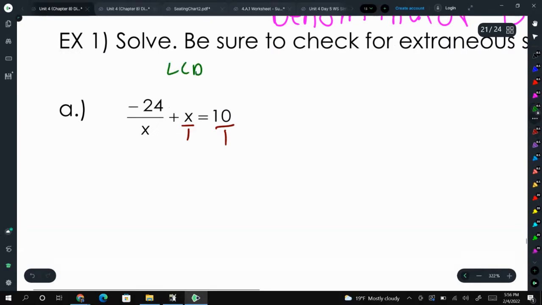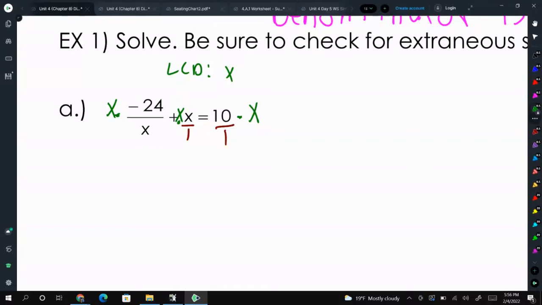So your LCD is x. So I'm going to multiply everything by x, by x, by x, by x. You'll notice that we're not multiplying the top and bottom by x. We're just multiplying everything by x, every numerator by x.